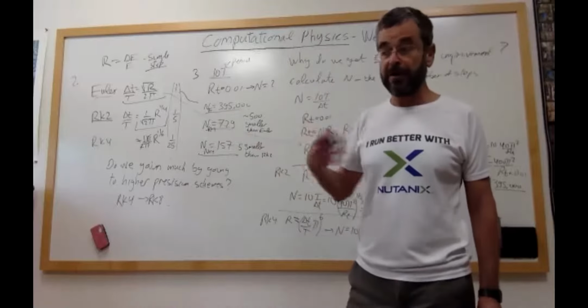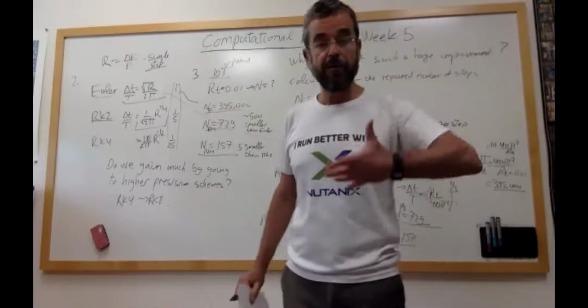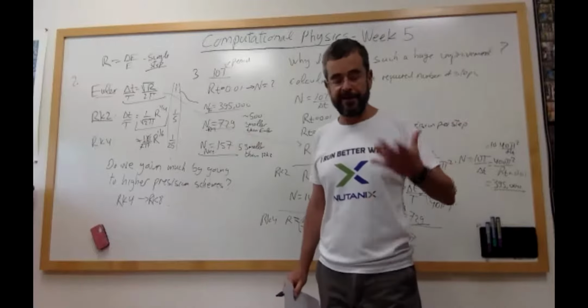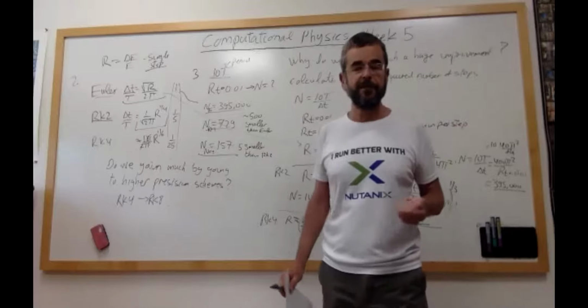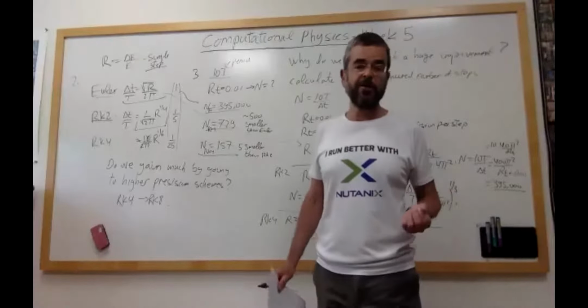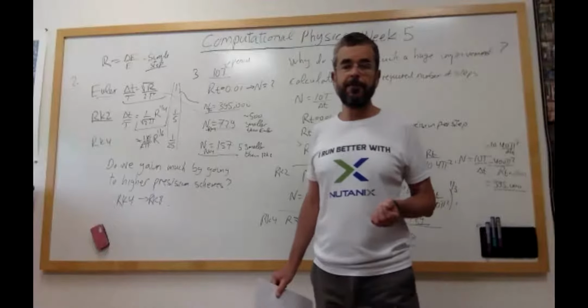The improvement is not going to be so drastic by going to a higher precision scheme. On the other hand, what is the price for going to higher schemes in terms of the calculation or the code? Each step takes more time. Yeah, exactly.